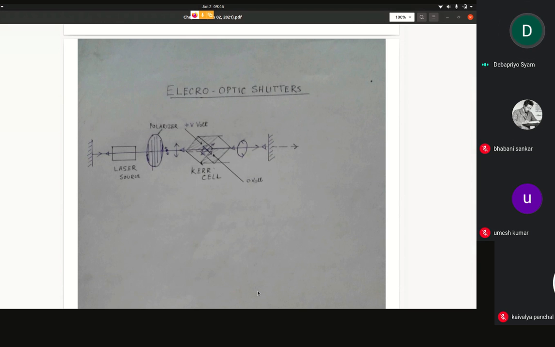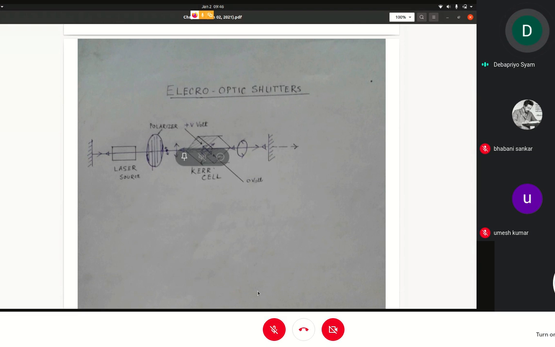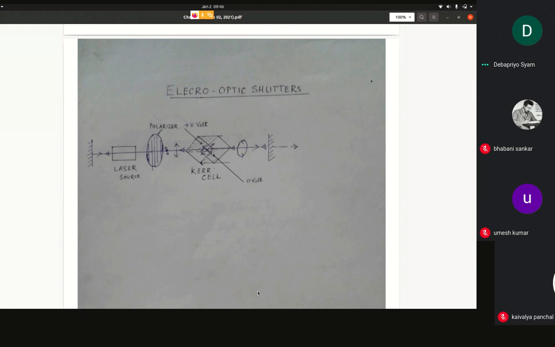You see, it's rotated by 45 degrees with respect to the vertical direction. The cell is like a cube within which you have this nitrobenzene liquid, and the cube is so rotated that its edges make 45 degrees with the vertical direction.